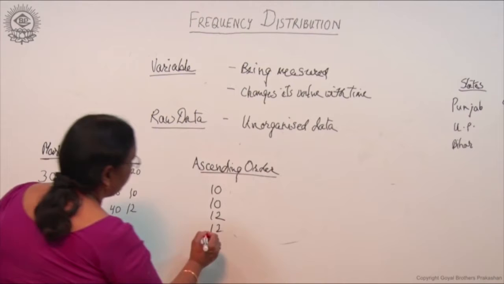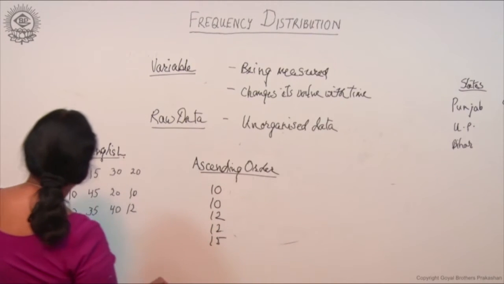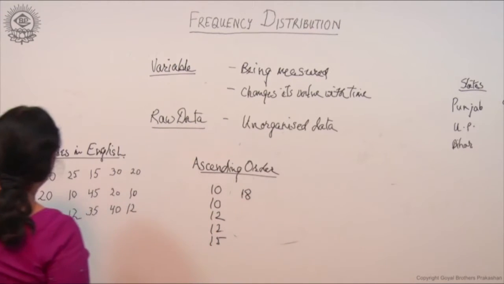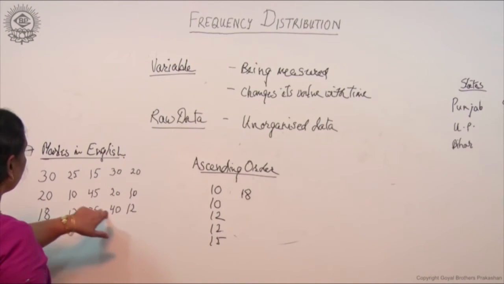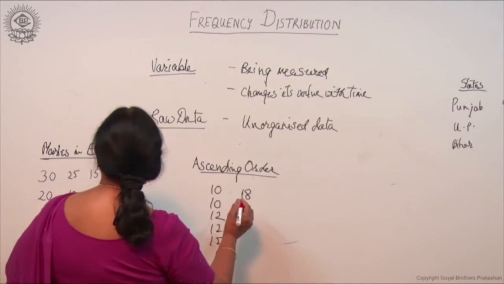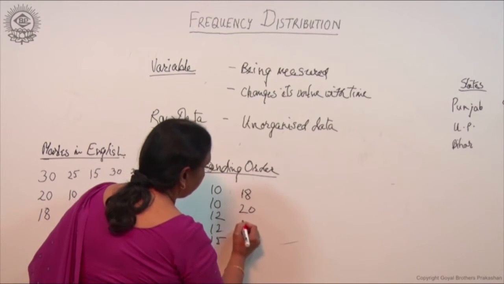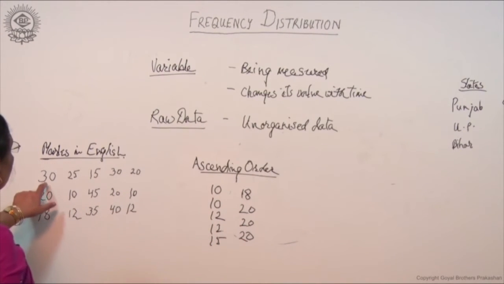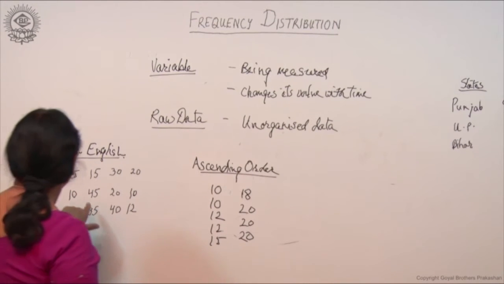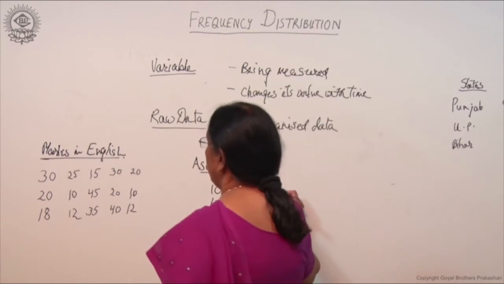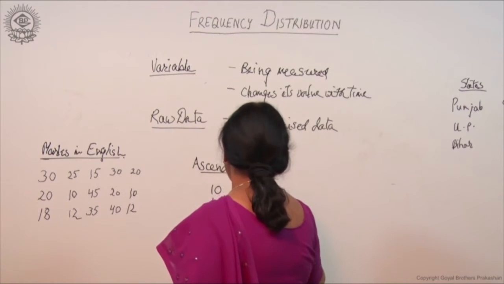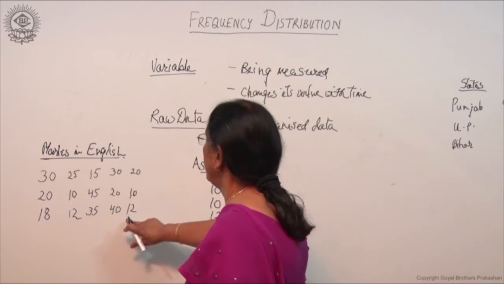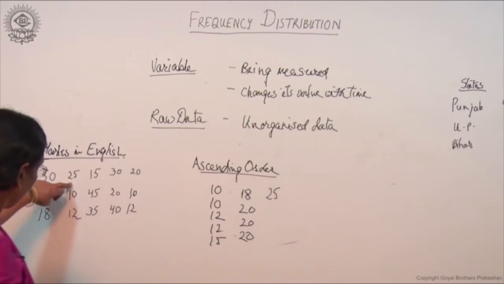The next one is 18. After 18 we have the next one, that is 20, that is 3 times 20. Then after this we have 25, right? 25 is only once over here.